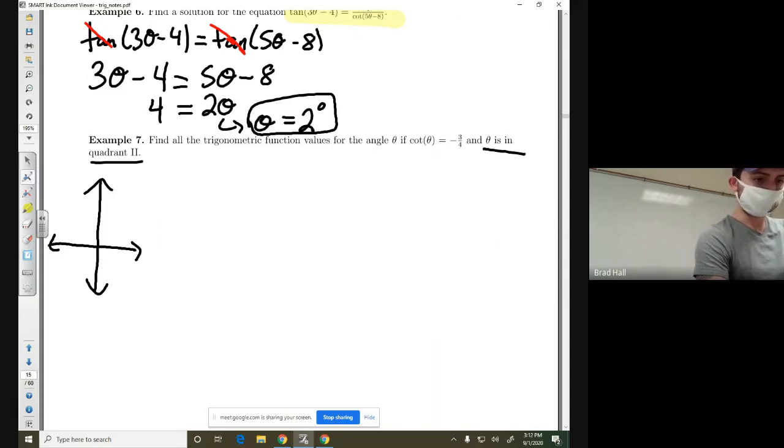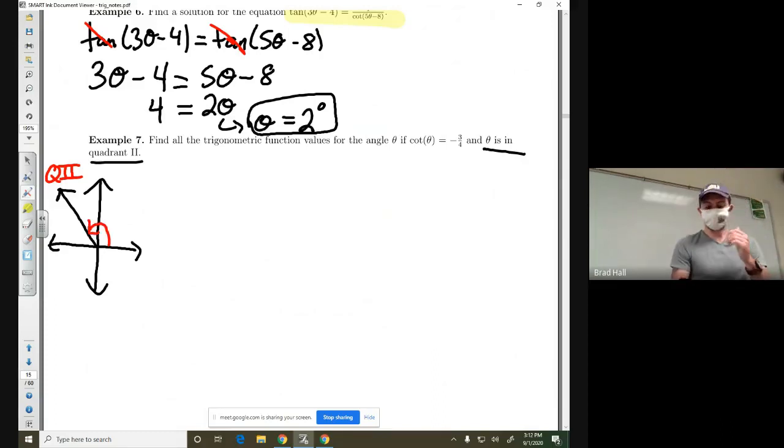So which one's quadrant 2? It's this one. That's why it's good to know what the quadrants are. So it just says there's some angle in quadrant 2 somewhere. We don't even know what the angle is. It doesn't matter. It's just some angle in quadrant 2.